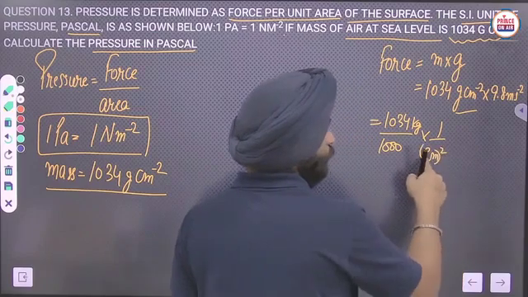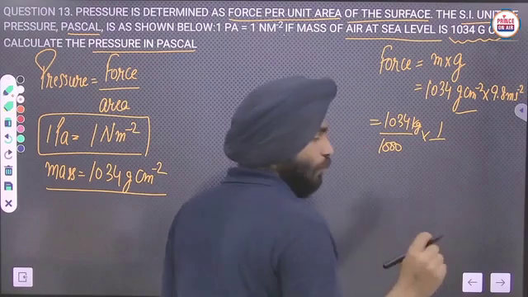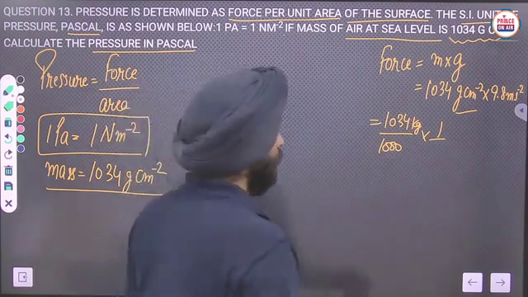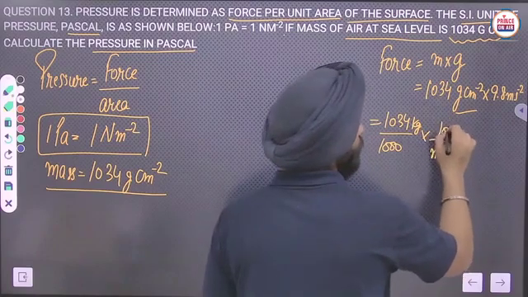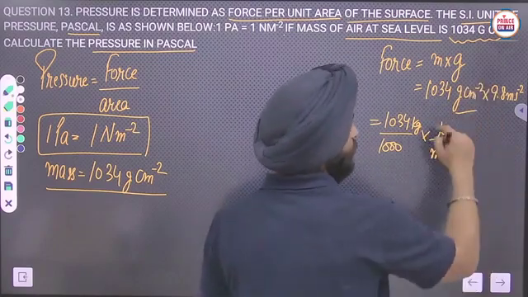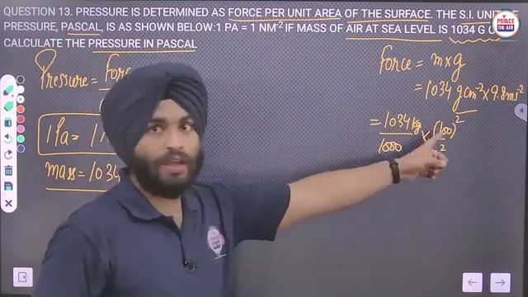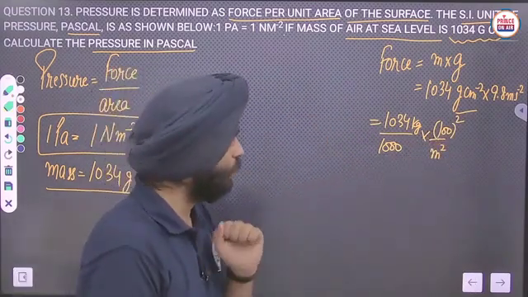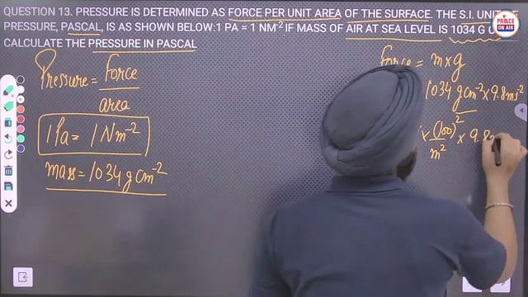If you want to change this value into meter, it will convert into meter square by dividing from the lower side; it will be multiplied by 100, and since it's square, we have to take that square. Now it is clear. So into 9.8 meter per square second.